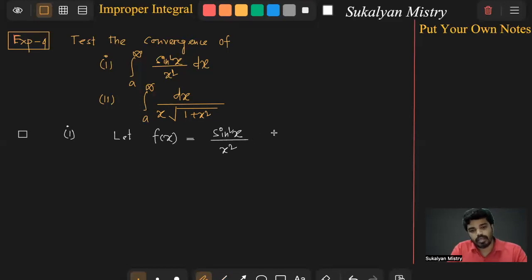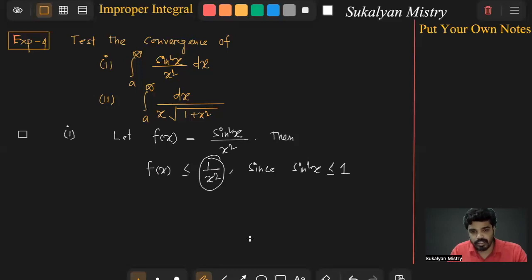So then we can write fx is less than or equal to 1 by x squared, since sin square x is less than or equal to 1. Okay, so now this is gx, so we take gx is equal to 1 by x square.